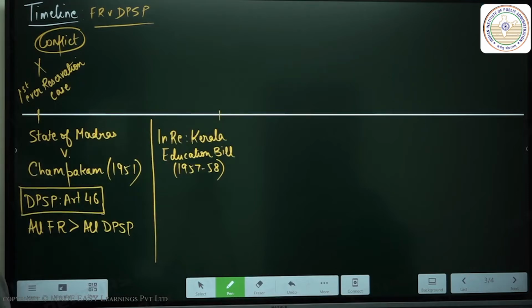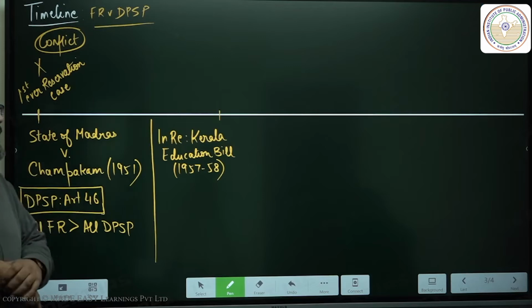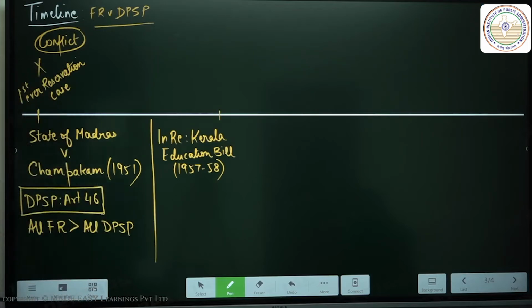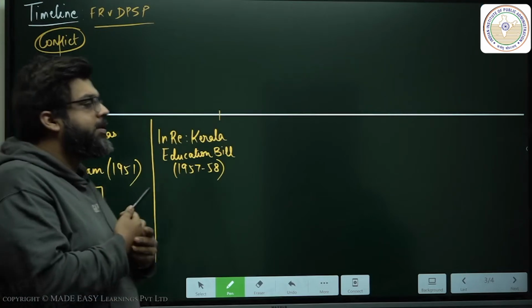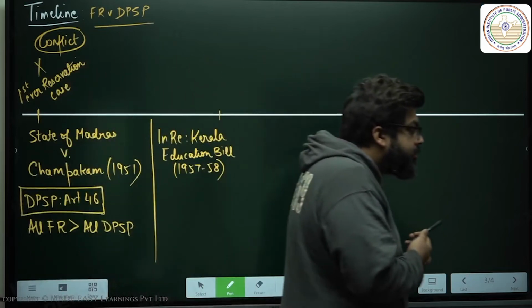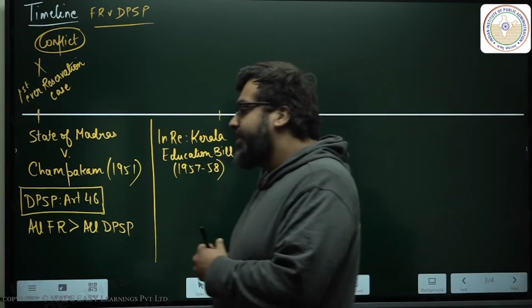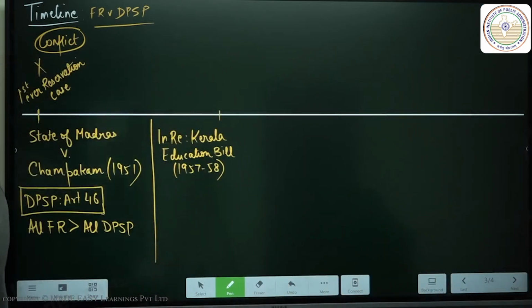What was basically happening, and this is actually a very detailed story, and you don't have to worry about it too much, the basic issue was this bill, which was introduced in the Kerala Assembly, wanted to give a certain set of protections to a certain set of institutions.